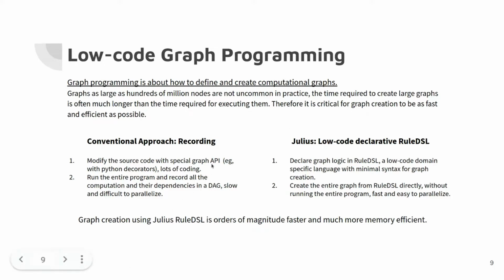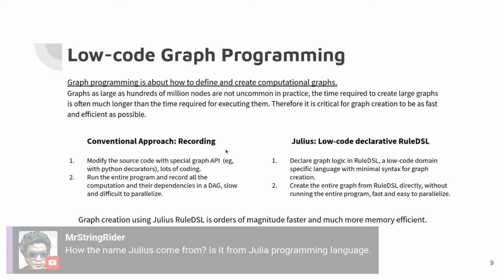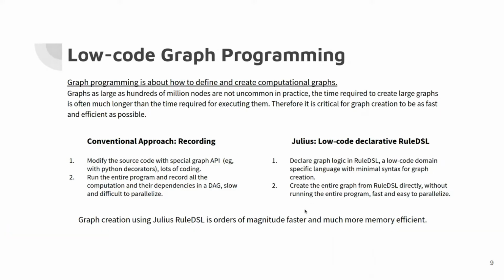So in the conventional approach, how we create a graph, for example, this is the approach followed by TensorFlow, Airflow, all of the typical current graph computing platforms: you write in traditional programming languages, most likely Python, with some special API, most likely Python decorators.